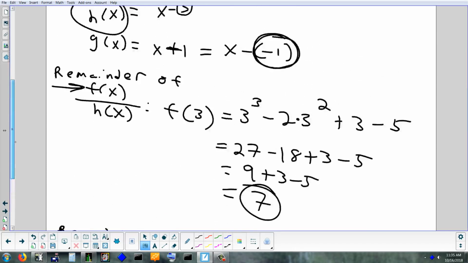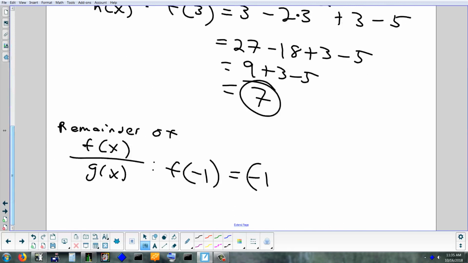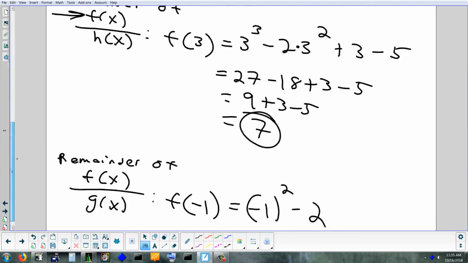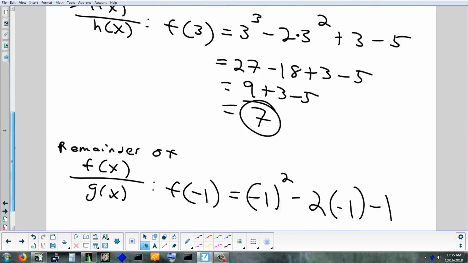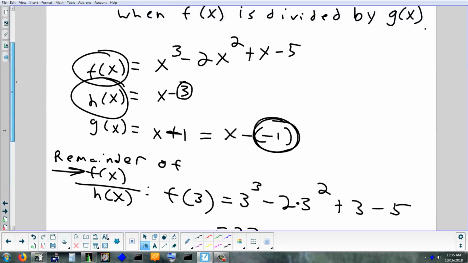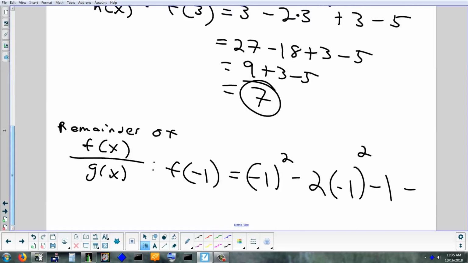All right, so let's see what we do. Negative 1 cubed minus 2 times negative 1 squared, minus 1 minus 5. Okay. So let's see. What's negative 1 cubed?